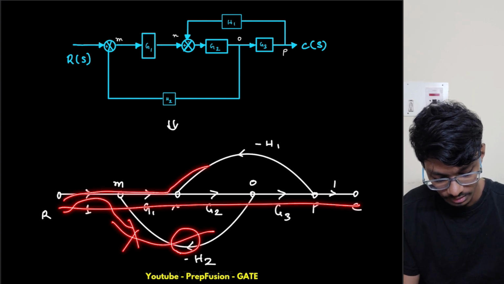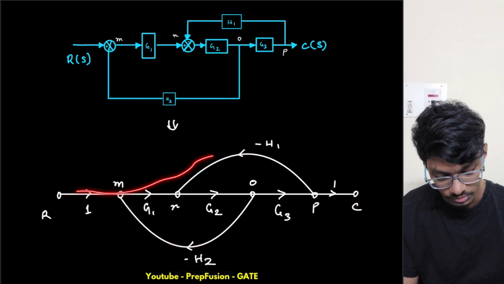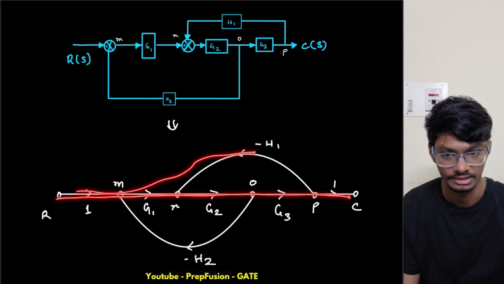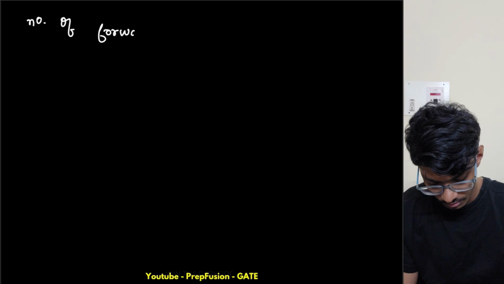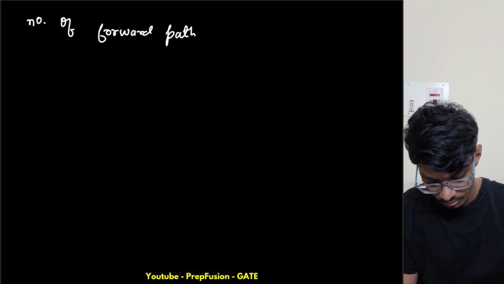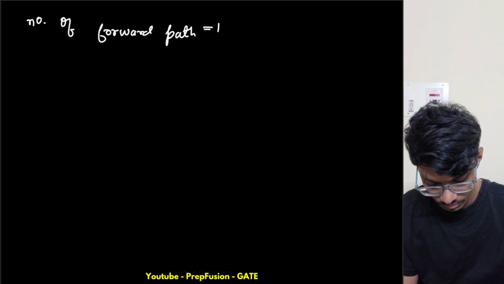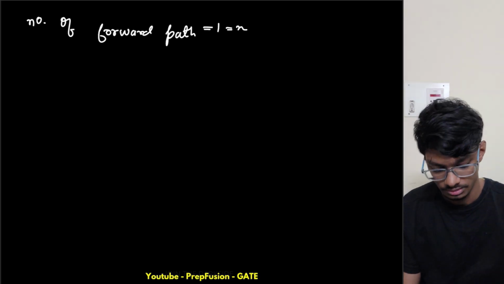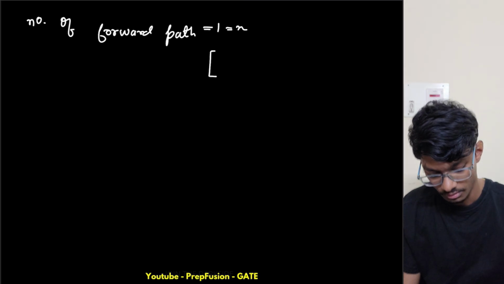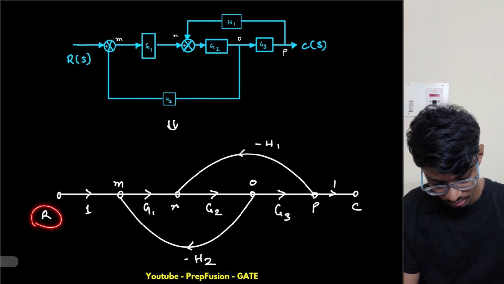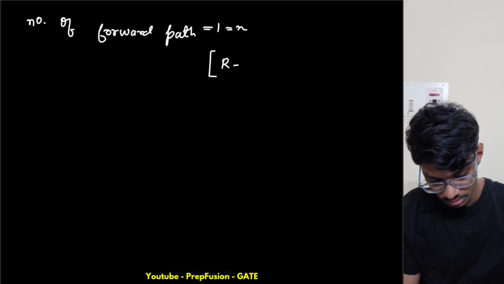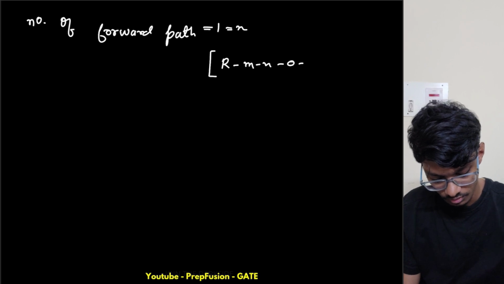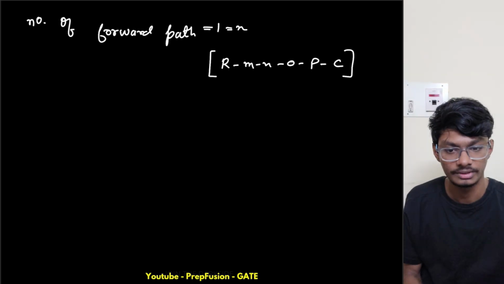I can only move in this straight line, so the number of forward paths is only one, N equals 1. What is that forward path? That is R M N O P C. This is my forward path.